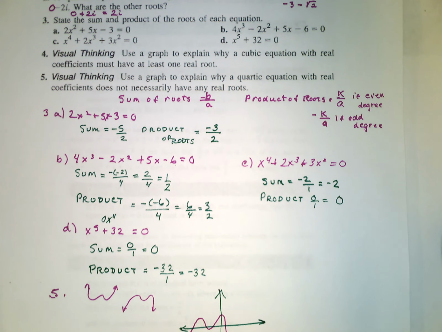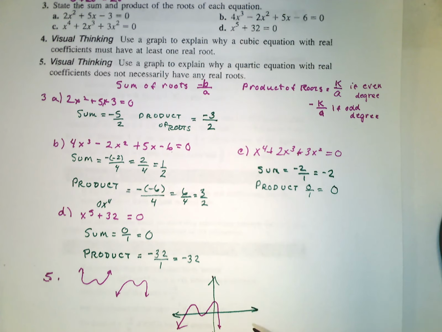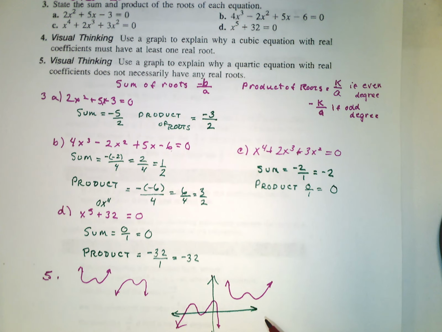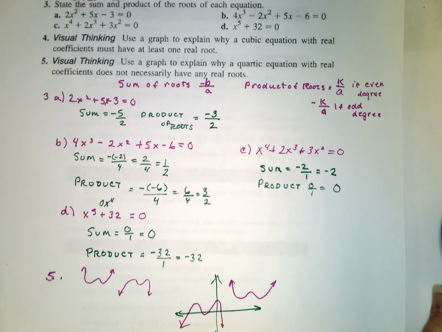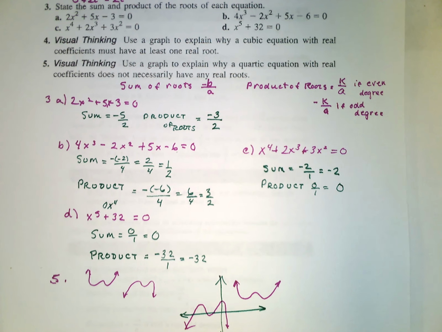So that one does. But this one doesn't. It does not have to cross the x-axis. Since both ends are headed in the same direction, we don't necessarily have any real roots. So looking at it with a graph makes it easy to understand where they came up with this theorem. And that's it for the theorems for the moment.